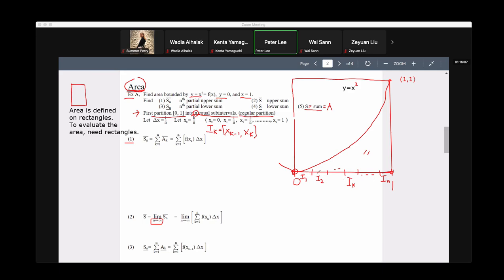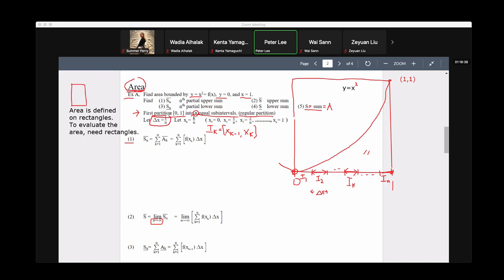Now the length of each interval. What is the length of each interval? We call this delta x. Delta x is the length of each interval. Because every interval is the same length, delta x is actually equal to 1 over n.